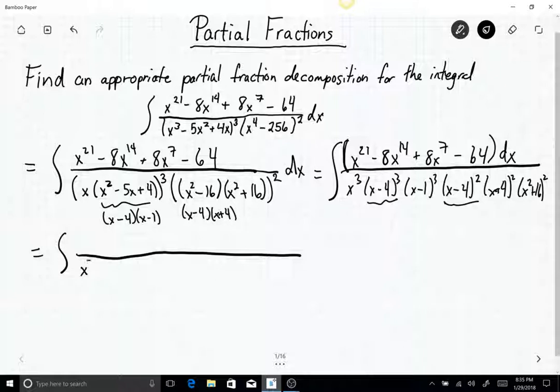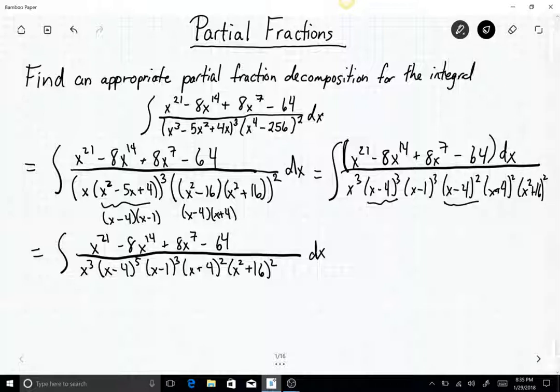So you get an x cubed, an x minus 4 to the 5th, then an x minus 1 the quantity cubed, then an x plus 4 the quantity squared, and then an x squared plus 16 the quantity squared. On top you still have that x to the 21st minus 8x to the 14th plus 8x to the 7th minus 64, and then we can toss out a dx at the end.